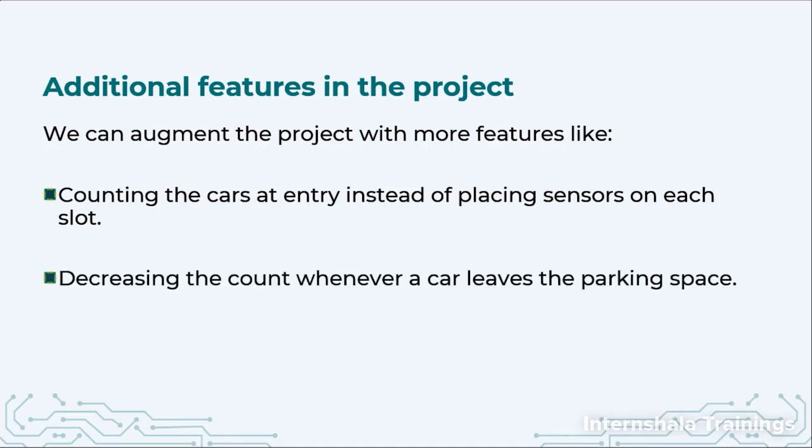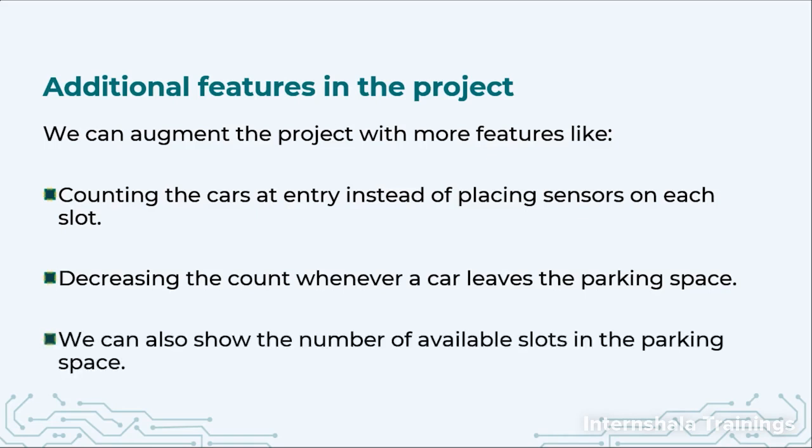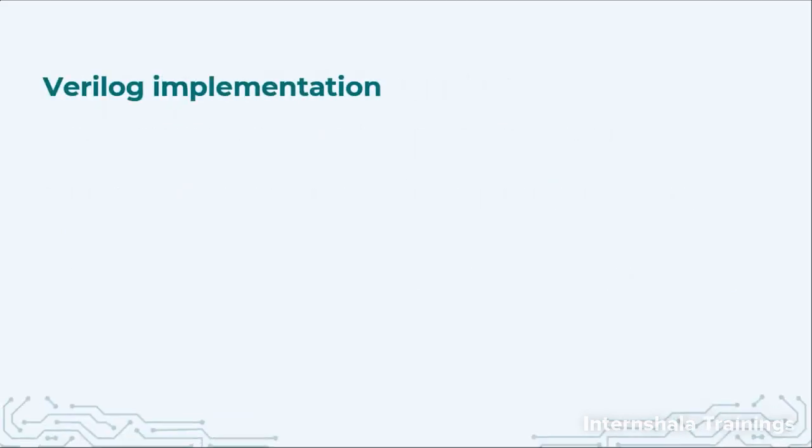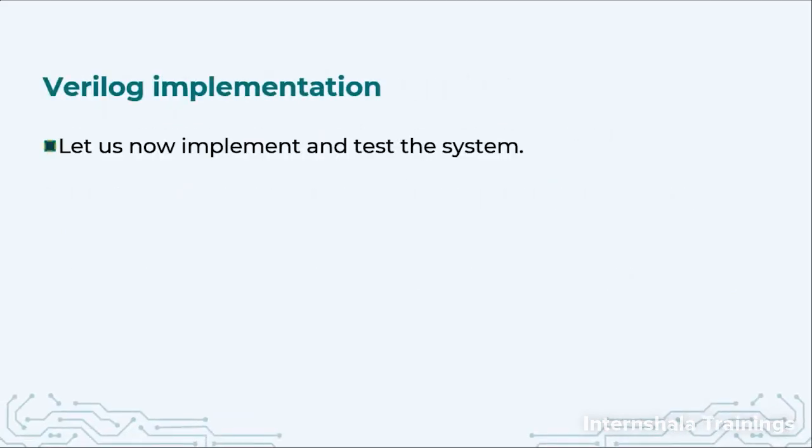We can put a counter on the exit and whenever some car is detected at the exit, then we can simply say that now the count is decreased by 1. We can also show the number of available spots in the parking instead of just showing how many cars are parked. Now let us talk about the implementation.